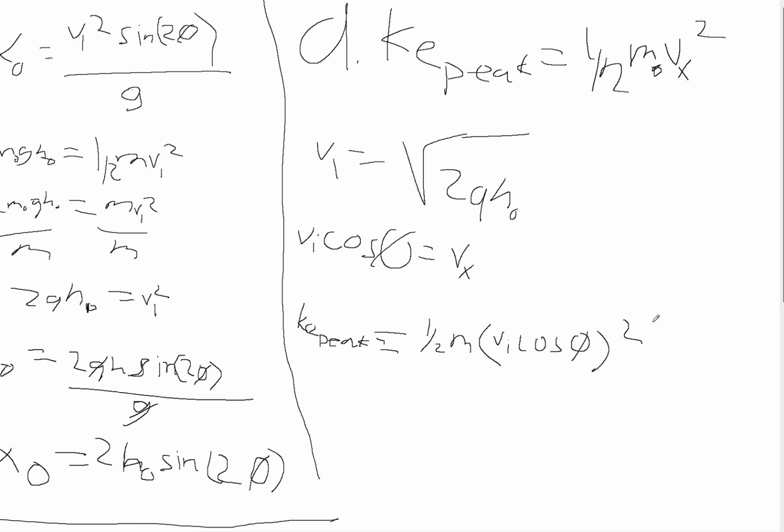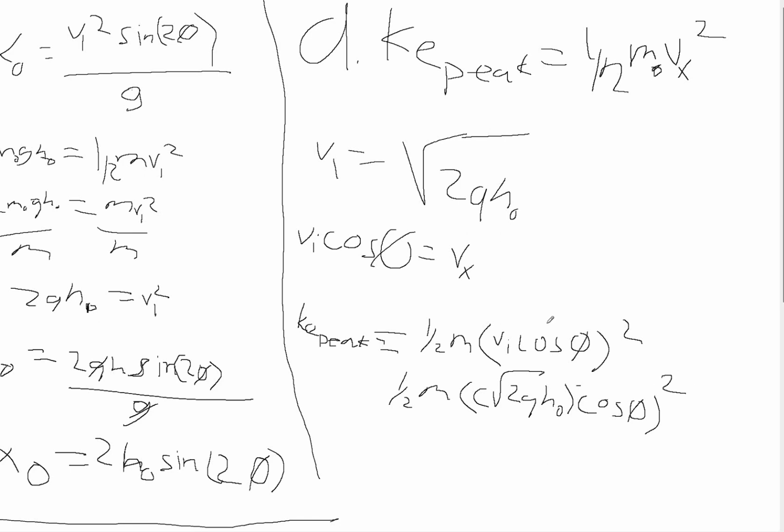Then we can break that down further. So we have m times vi, which is really the square root of 2gh, times cosine theta, all of that squared.